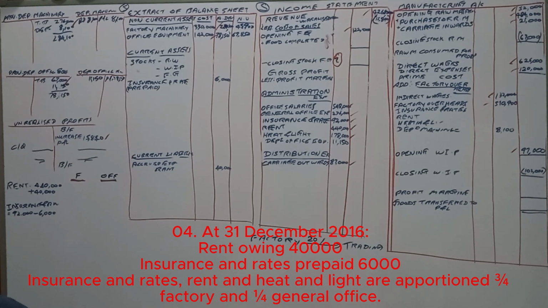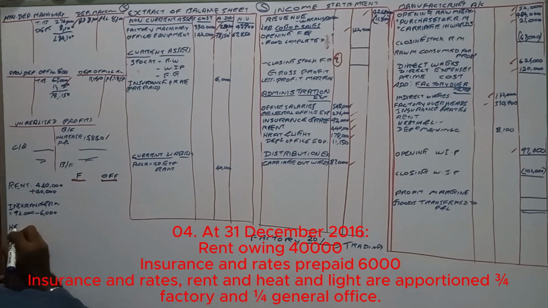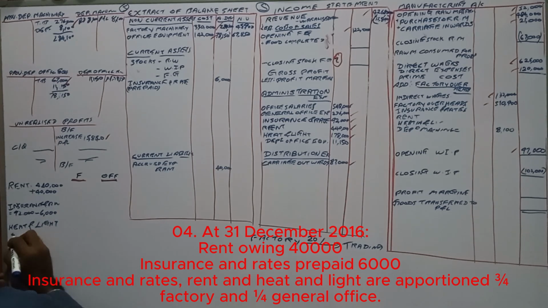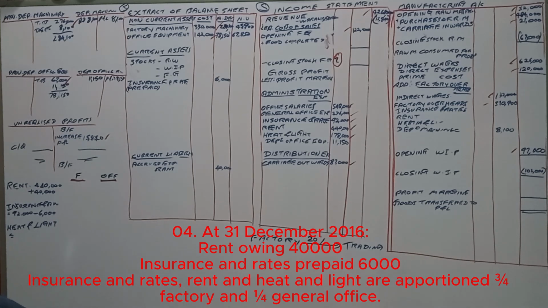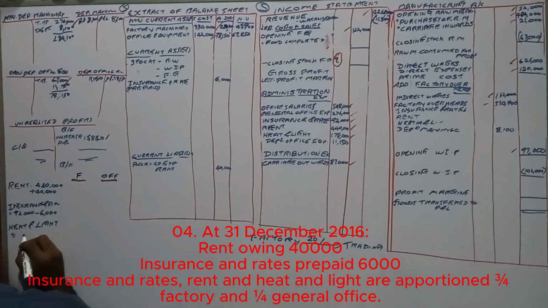Then they say insurance and rates, rent, heat and light are apportioned. Heat and light, L-I-G-H-T. How much is it? Heating and lighting is 178,000.